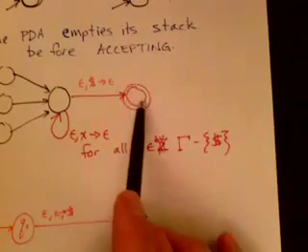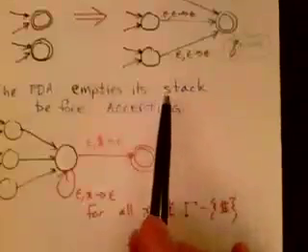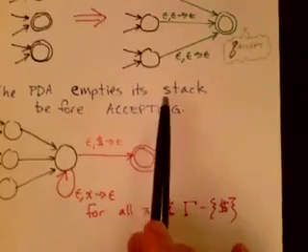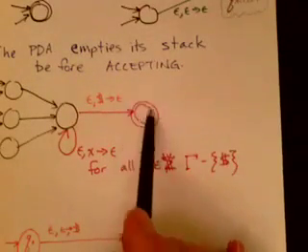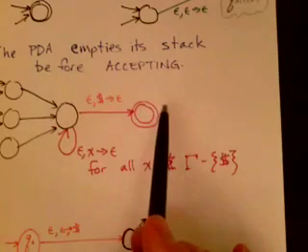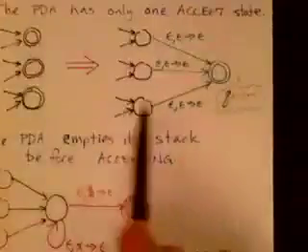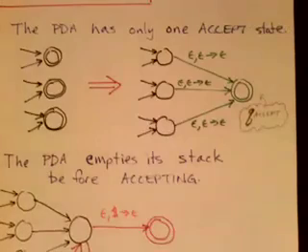And this is the last accept state we'll have. So now we've got a push-down automaton that will empty its stack for sure. In order to reach the accepting state, it must empty its stack. And you can see, I think, that this machine will accept the same set of strings as the machine we started with. These modifications to simplify the machine won't change the nature of the machine.